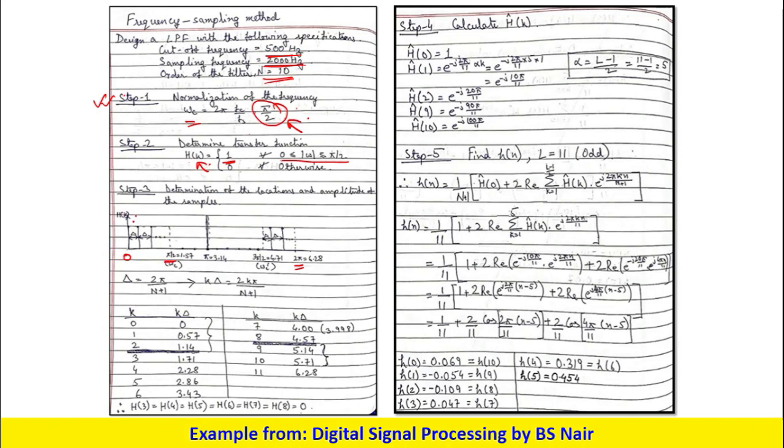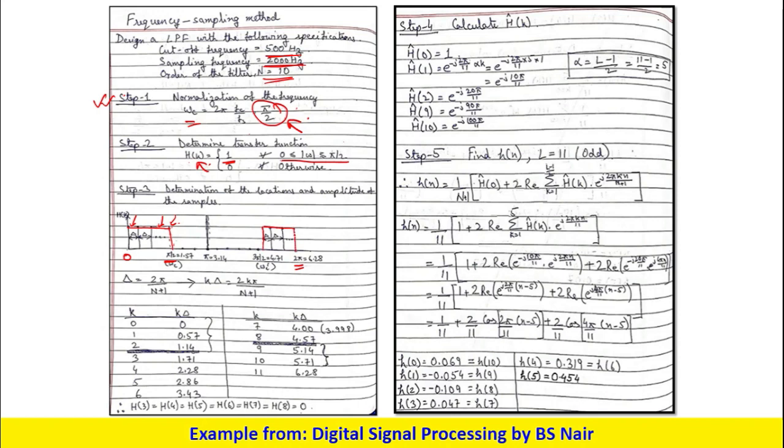So if you see the dotted lines, this is the ideal frequency response. In the ideal frequency response, we will be having this dotted line, and again from here we will be having the dotted line. Okay, so let me draw it with red lines, it will be easier for you.